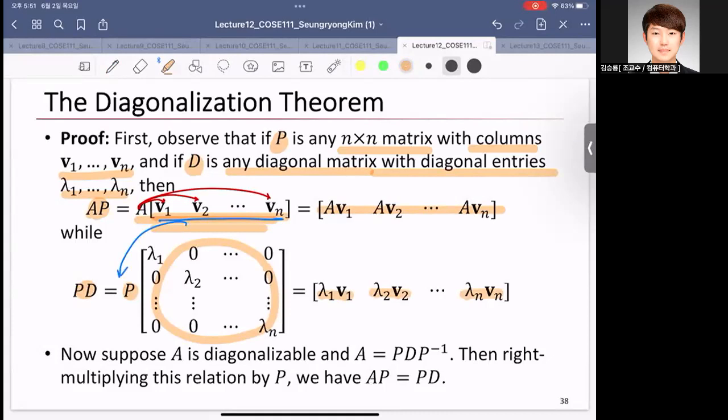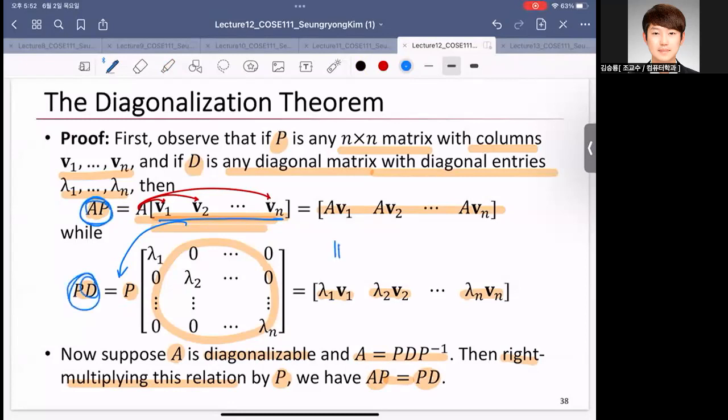Now suppose A is diagonalizable. A should be P D P inverse. Then right-multiplying this relationship by P, you have AP equals PD.